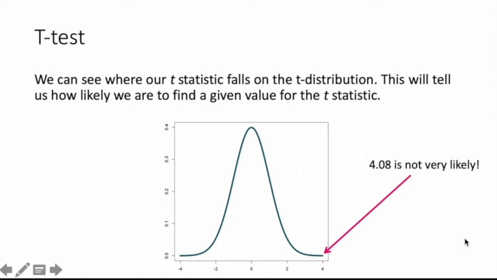This basically tells us that 4.08 is not very likely. Because it's down here, it's not very likely that the difference is given by chance. It's not random, but actually there is a significant difference between the two groups.